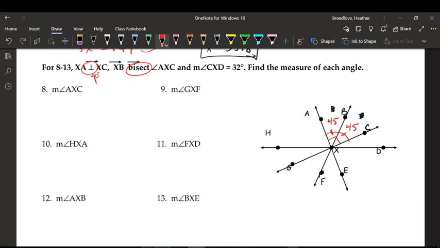Next is the measure of angle XCD is 32. So all I need to do is find CXD. I did not say that in the right order. The measure of CXD is 32 degrees. CXD is this angle. If that is 32 degrees, I can just label it as 32 degrees.